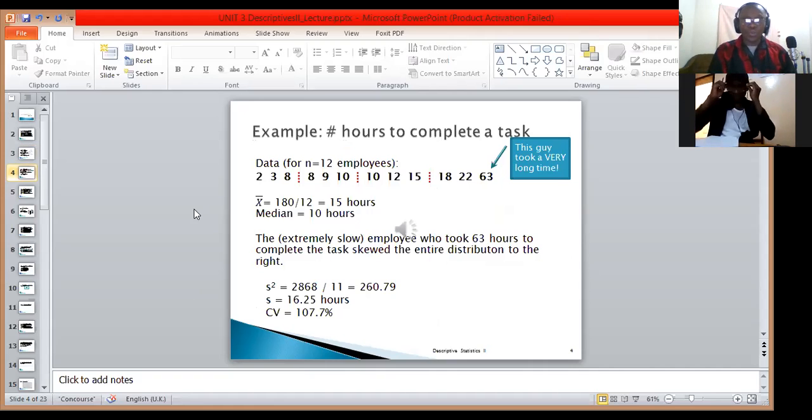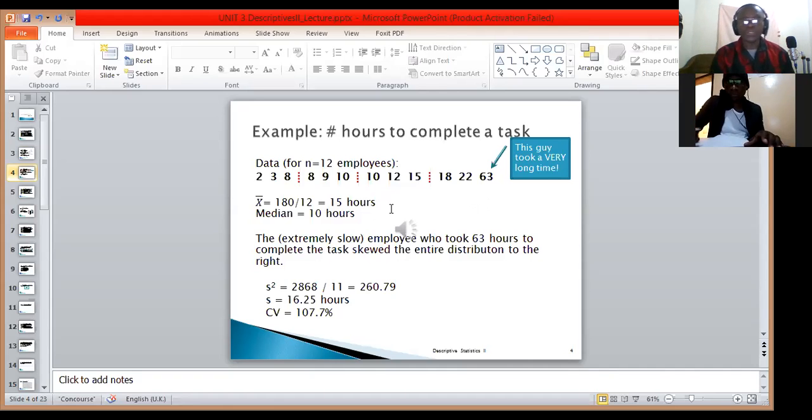From the look of this data, you are able to see that it begins with smaller values, then the values begin increasing, and we have the biggest value at the far end of the distribution. So our data is skewed to the right, because bigger values are found after the median.